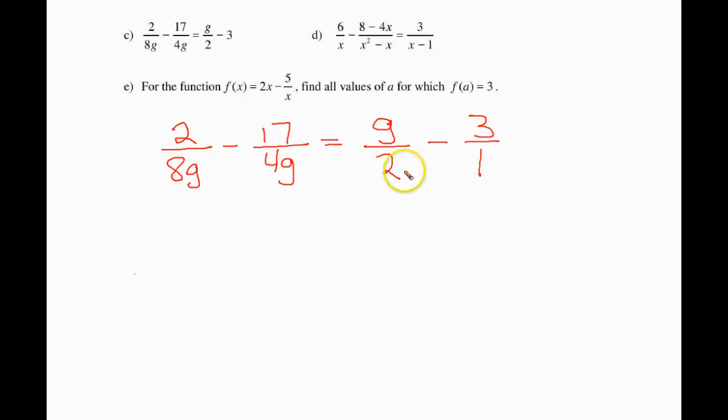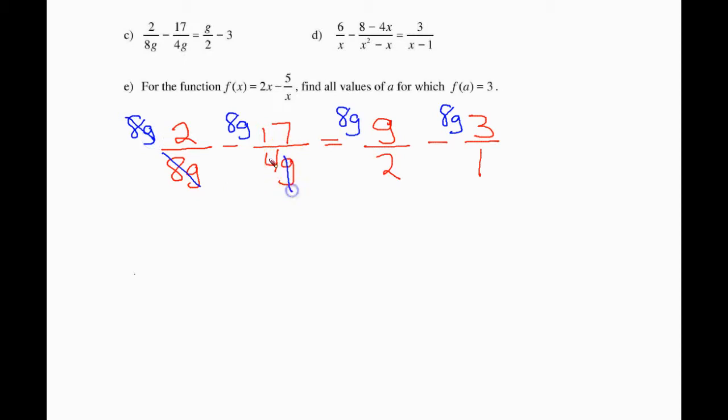What's our common denominator here? 8g. So I'm going to multiply every term by 8g. Remember, this is part of how equations are solved. So, nicely, this cancels out.